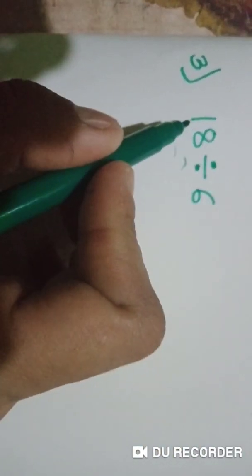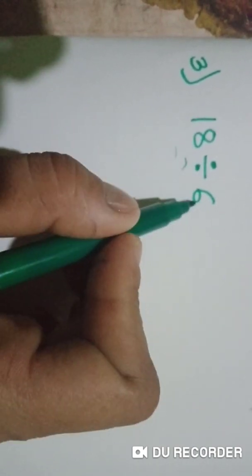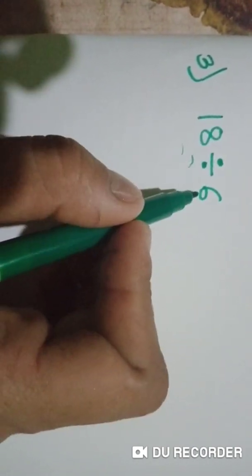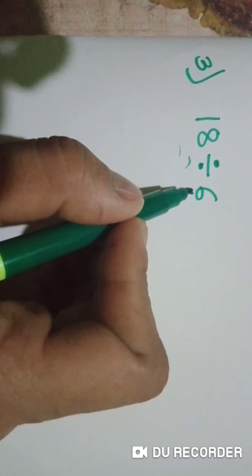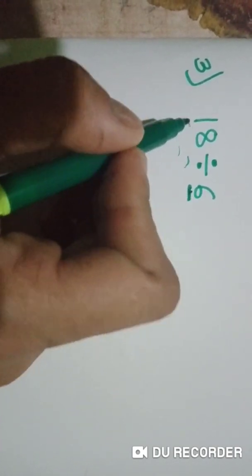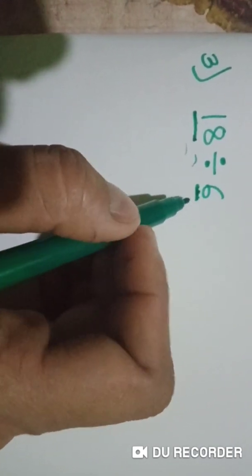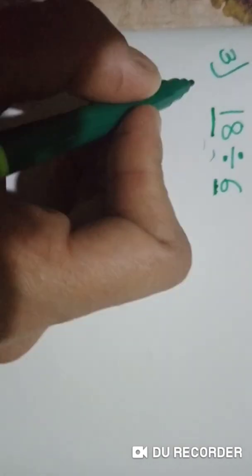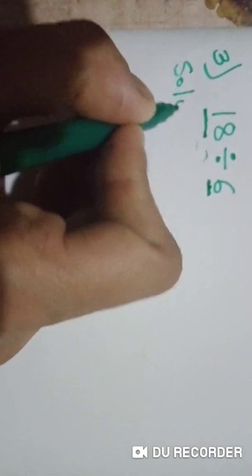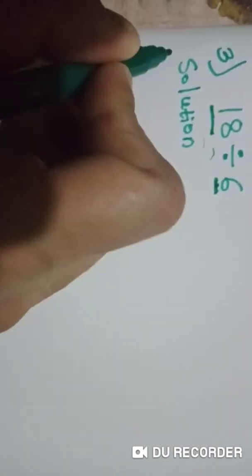Let us take now third sum. 18 divided by 6. Now what is the divisor here? 6. And what is the dividend here? 18. Therefore how many dots will come in one row? 6 dots. Let us start. Solution.